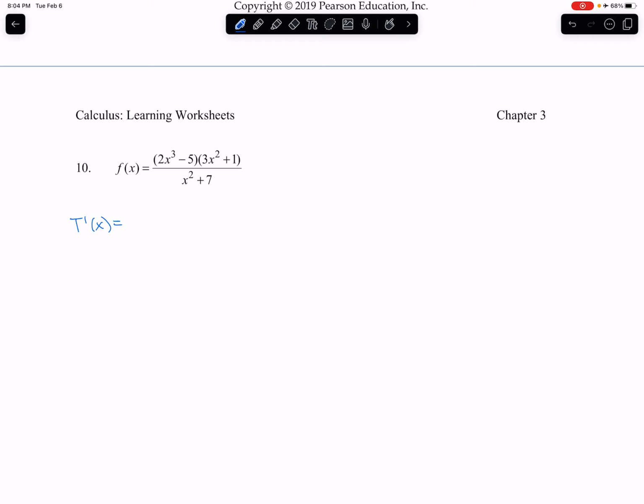we will take the first, 2x cubed minus 5, times the derivative of the second. So 3x squared is 6x, plus 1 is 0, plus the second, 3x squared plus 1, times the derivative of the first, 6x.